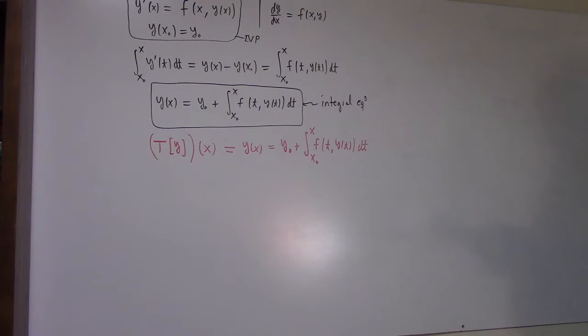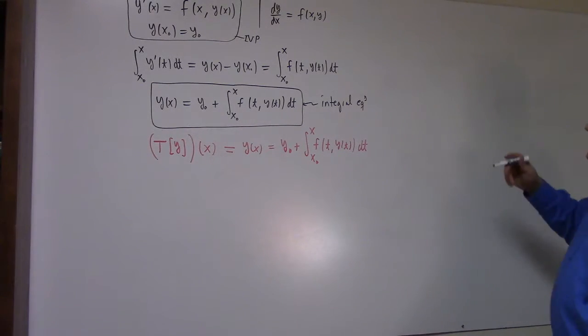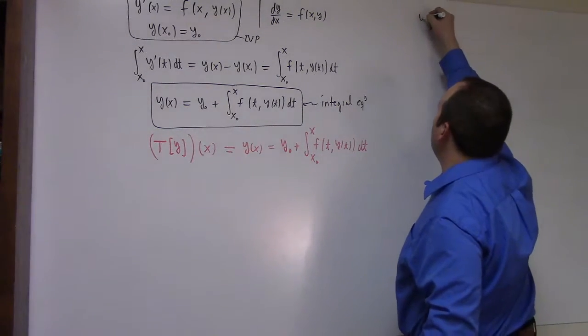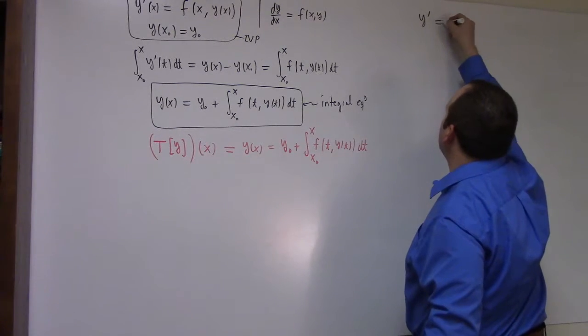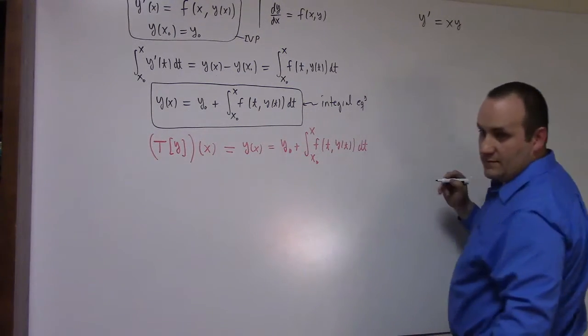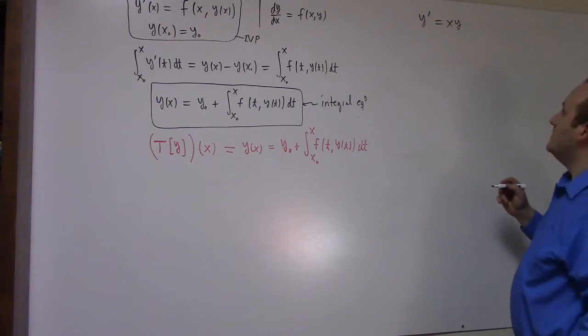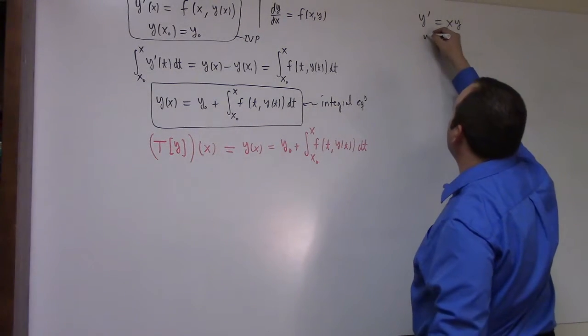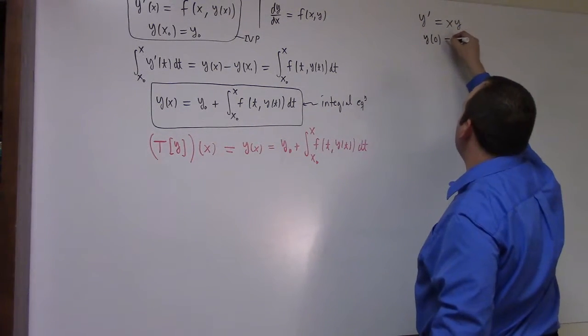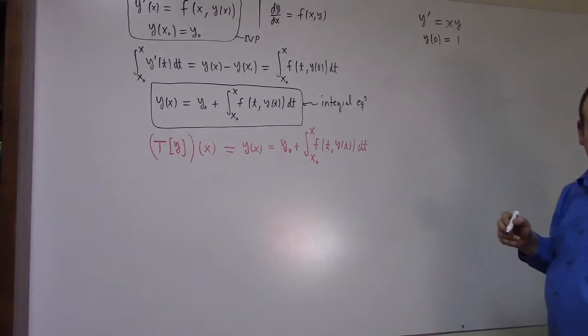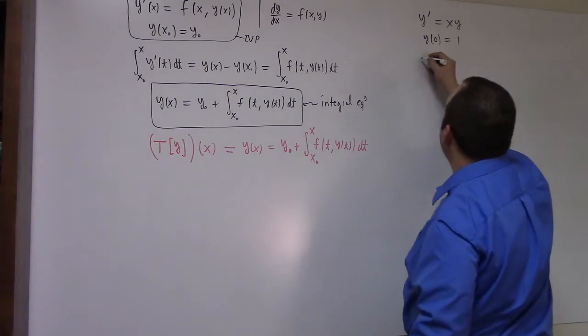Let me try to take the abstraction out of this just a little bit. Suppose we have, for example, y prime equals x times y, and let's say y of 0 is equal to 1. Then what's T of y?